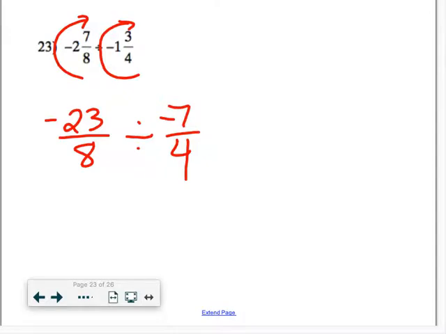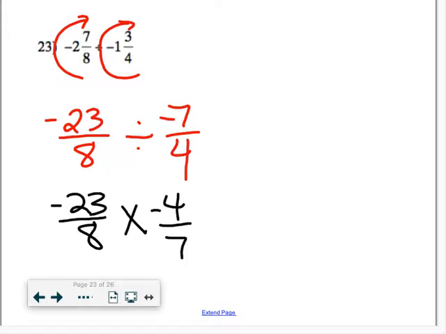Okay, leave the first fraction alone. Change division to multiplication. Flip the next fraction. Okay, I'm trying to look and see if I can cancel beforehand, and I actually can. You can divide 8 by 2, you get 4. Oh, wait, even better. Hold on. Even better than 2, I can go bigger.